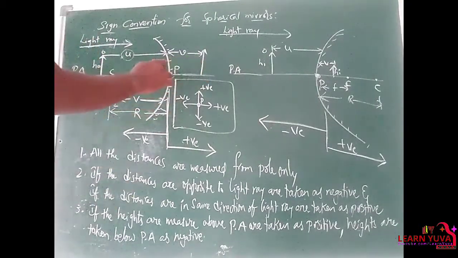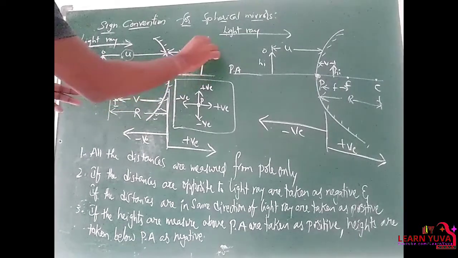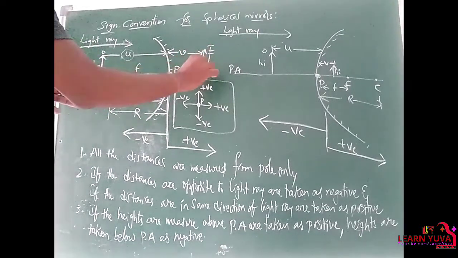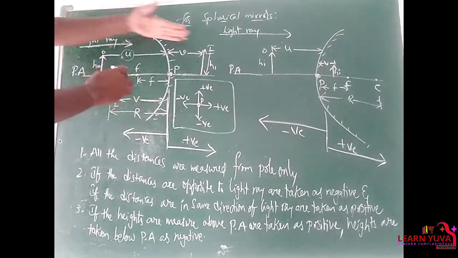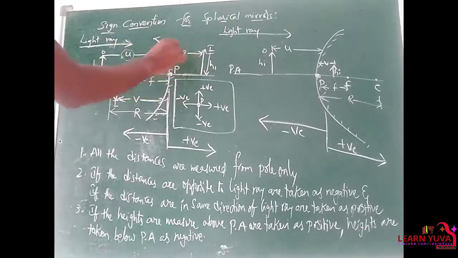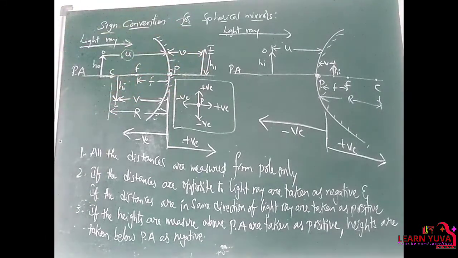And for virtual image, from pole to image, this is nothing but image distance. Here we are measuring in the same direction of the light ray. So for this case, v is taken as positive.